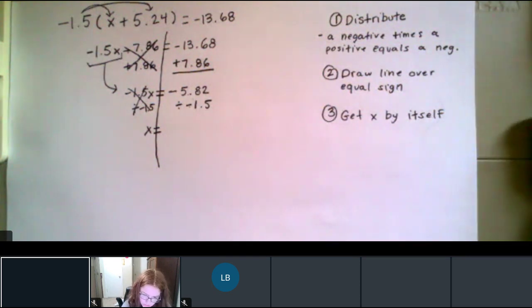You can't do it by hand right here because you're going to get a mixed number. So that's why I'm saying use your calculator.